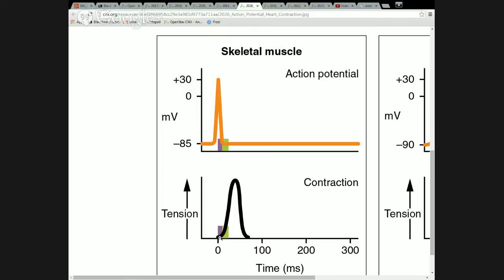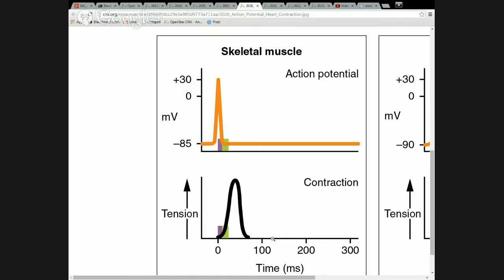Now, there are different types of skeletal muscle fibers. There are slow fibers, there are fast fibers, there are intermediate fibers. This particular curve here would probably represent an intermediate fiber. So it's about 50 to 70 milliseconds worth of contraction time based on a single action potential. Some fibers contract slower.